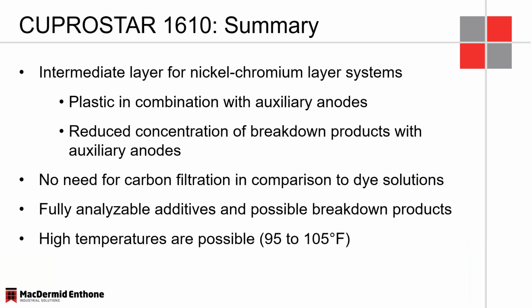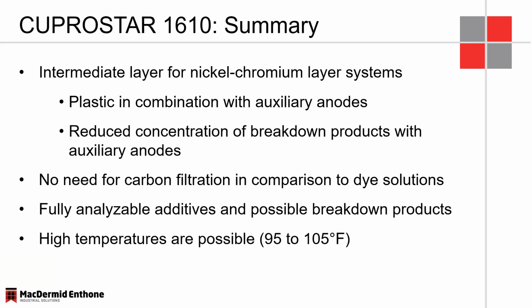And then that 1610 process, I can utilize this in combination with auxiliary anodes, as we saw in our case study. It reduces my concentration of breakdown products that we know have a tendency to form when auxiliary anodes are implemented into a system. I don't need to utilize carbon filtration compared to those dye systems.